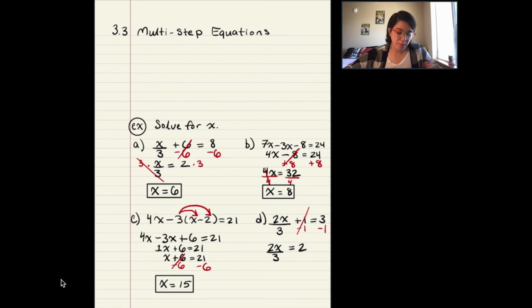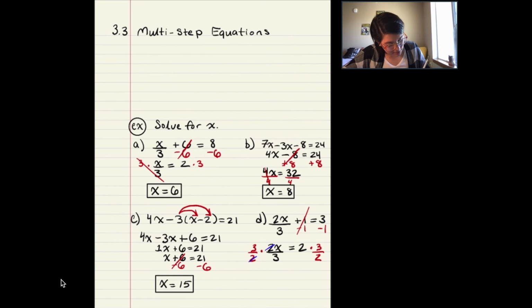And now remember from 3.2, when we have x being multiplied by a fraction, so 2/3, we have to multiply by the reciprocal. So we take that coefficient of 2/3, we flip it, and we multiply it. So 2/3, if we flip that, is going to be 3/2, and then we multiply it. And what we do to one side of the equation, we do to the other. So we'll multiply this side by 3/2 as well.